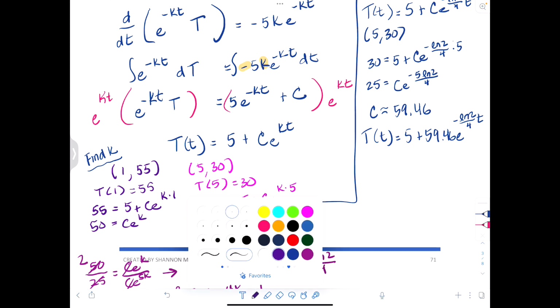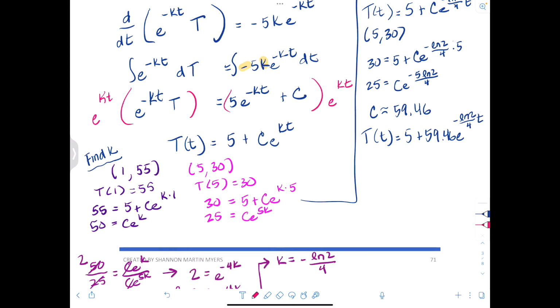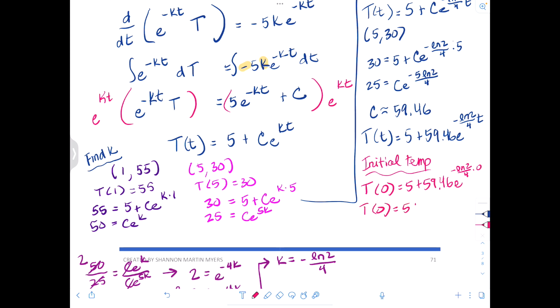For the initial temp, we would just let t be 0. So T at 0 would be 5 plus 59.46 e to the negative natural log of 2 over 4 times 0. So T at 0 will be 5 plus 59.46.